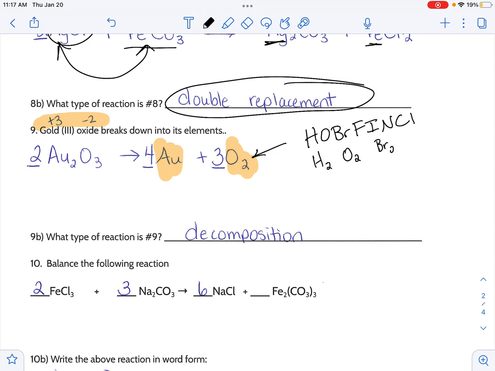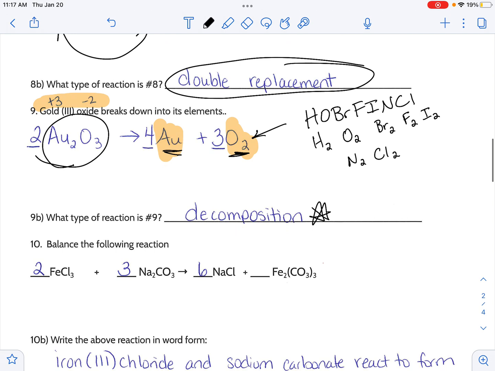So if they are not in a compound, they're automatically going to be a 2, so H2, O2, Cl2. This reaction here is decomposition. We're starting with one material, and we're breaking down into 2 separate materials. And then, of course, we need to make sure that we balance, so check your coefficients in front.